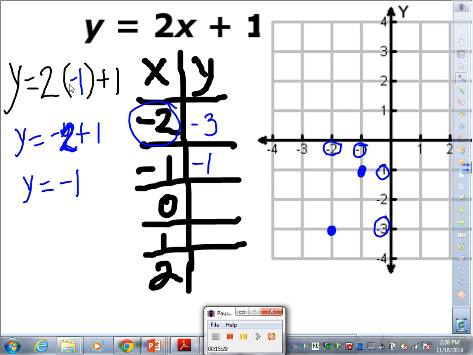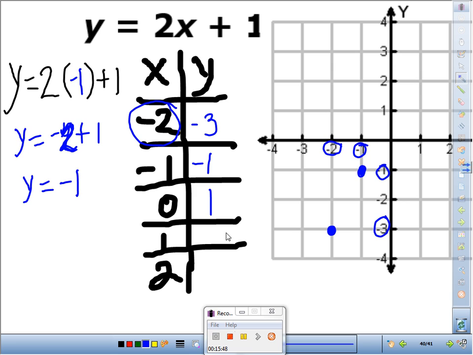Yes. So if we substitute 0 in there, what do we get for the y, Haley? One. Hands, have you got that? That is correct. If you substitute 0 in here, what is 2 times 0? 0 plus 1, 1. So let's graph that. X is 0. Where's x 0? Right here. Where's y 1?